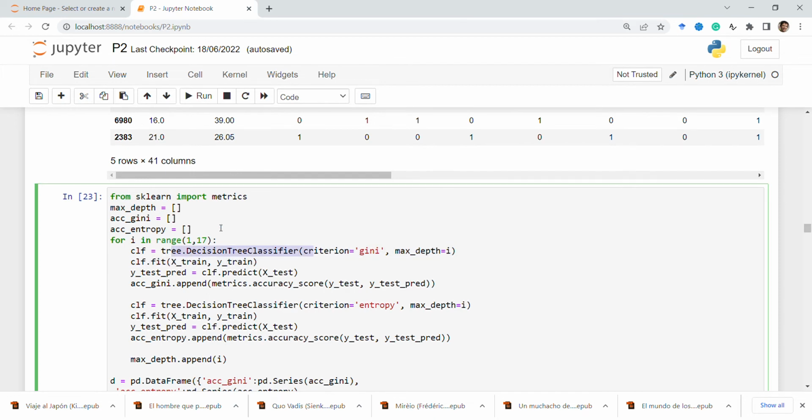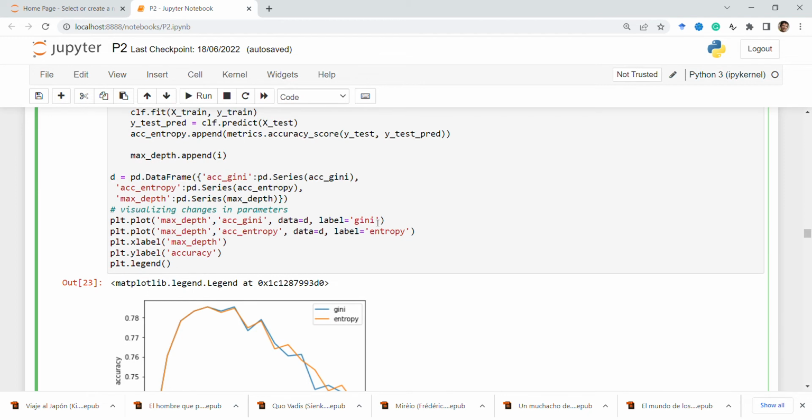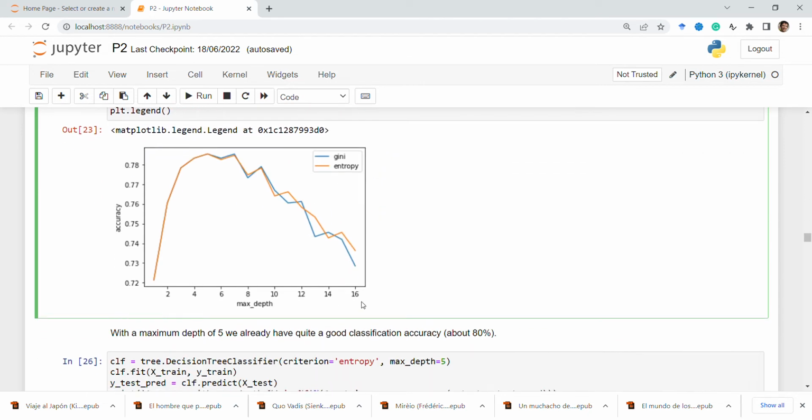And all this loop, what it is doing is we are constructing classification trees of different sizes, so of different depths, and then for each one of them we are evaluating how accurate they are. So just a reminder, the most basic classifier has an accuracy of 76.5, so only those above this level are significantly better than a very simple classifier that makes no classification at all.